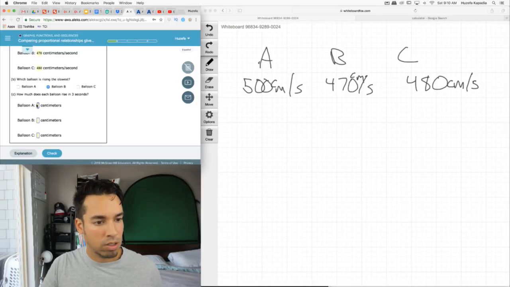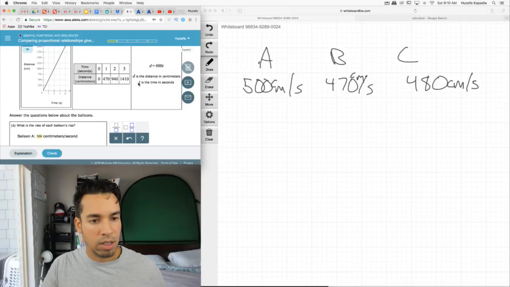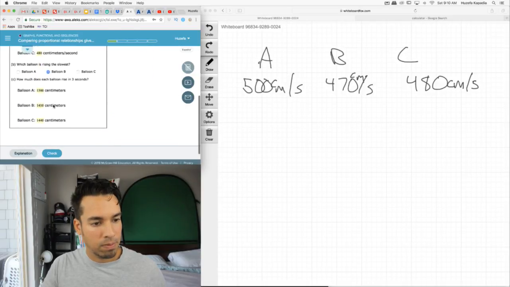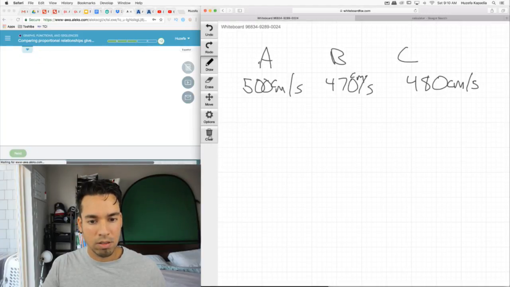And then in 3 seconds, I'm just gonna multiply these values all by 3. 1500. This one is 1410, right? 1200 plus 210. And this one is 1440. And we can confirm that up here, right? 1410 is what I said there. All right, excellent.